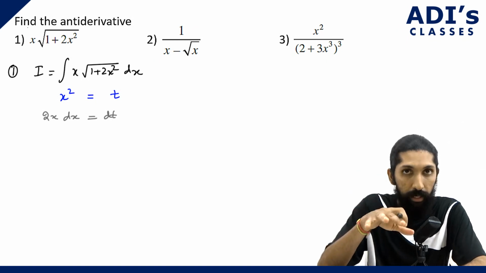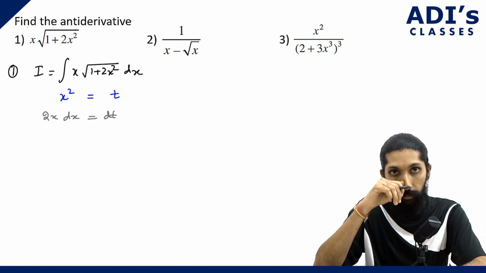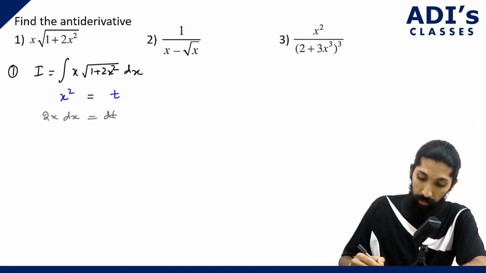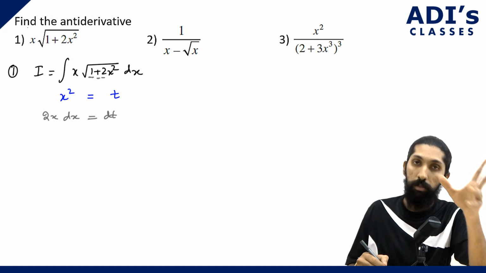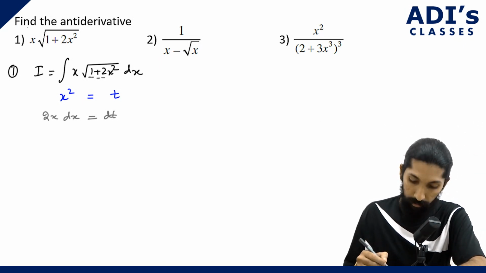We already have an x dx outside. So yeah, well and done, case is finished. But it's not that easy, to be honest with you. The reason is inside the root you have a 1 plus 2x square also.